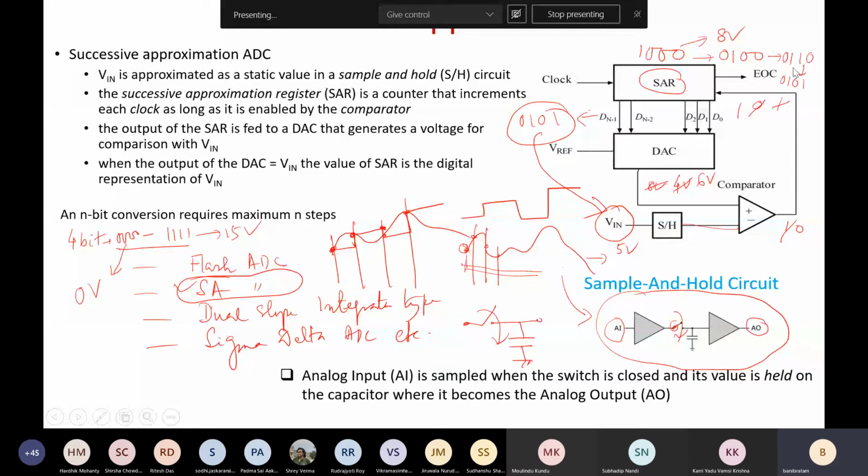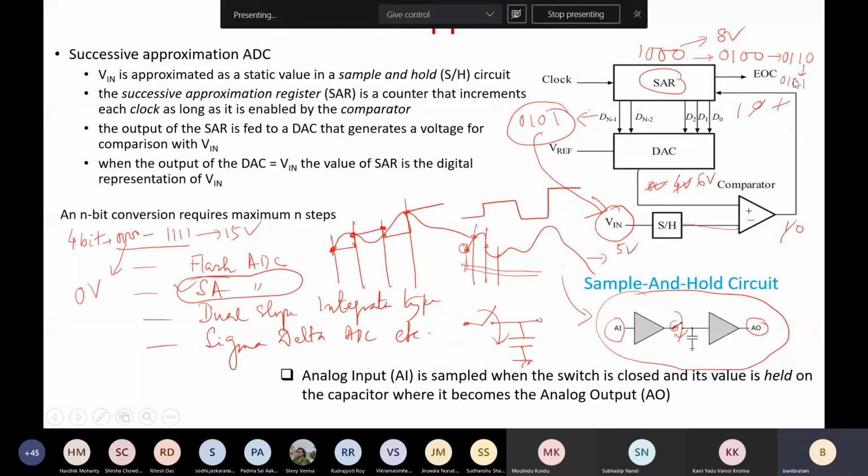So 0, 1 will be as it is. Rather, the next MSB, it will see this is 1, so it will make it 0.